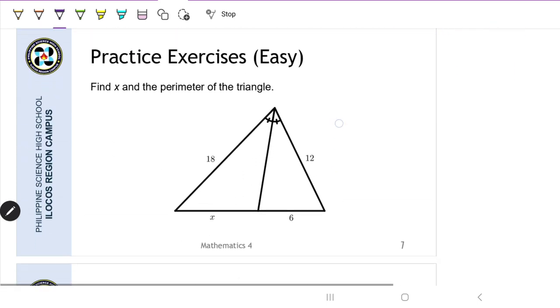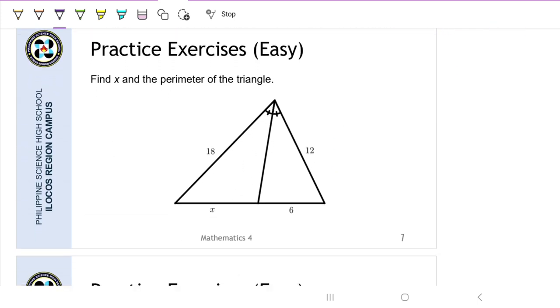Okay. So how about this problem? Let's say given a triangle with the following measurements, and we have an unknown segment here, which is represented by variable x, and we want to get the perimeter of the triangle.